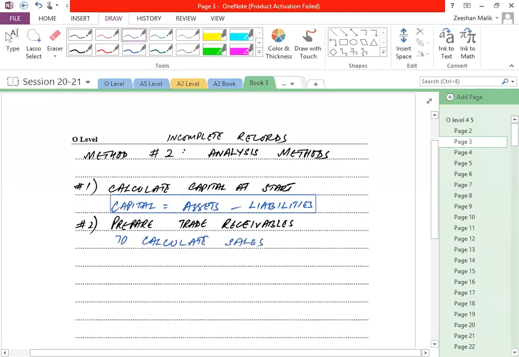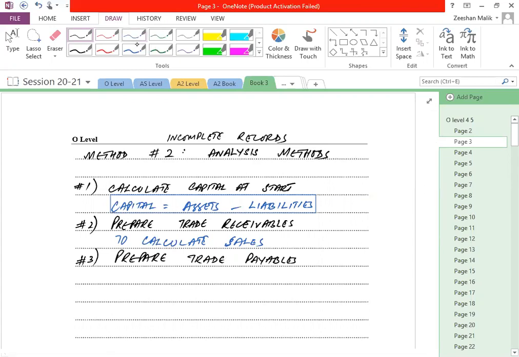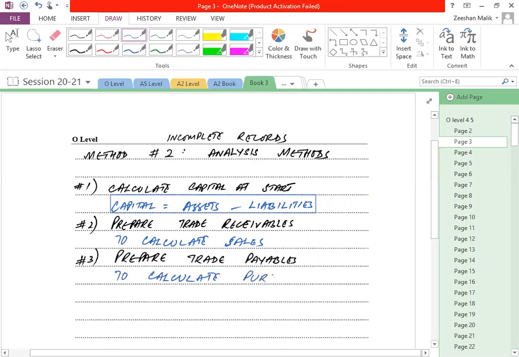In fact, credit sales need to be calculated from trade receivables. Number 3, prepare trade payables to calculate purchases.